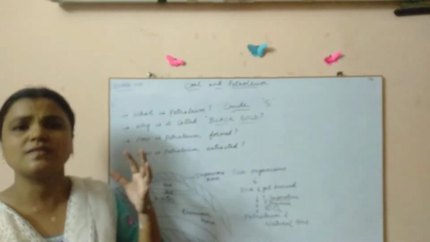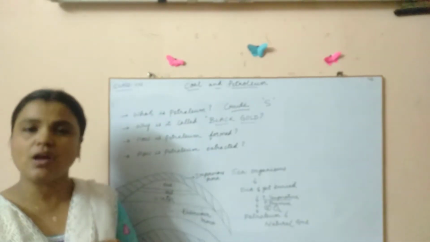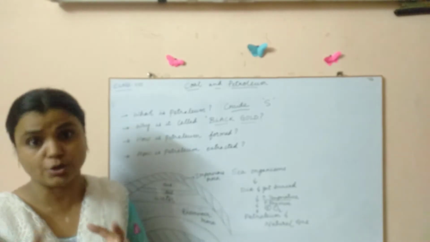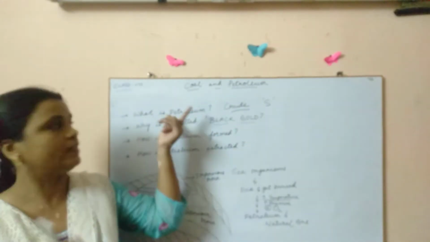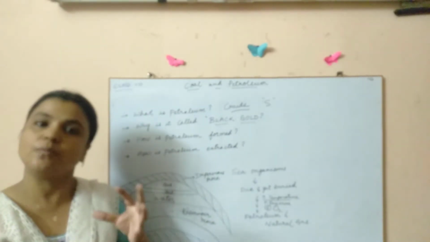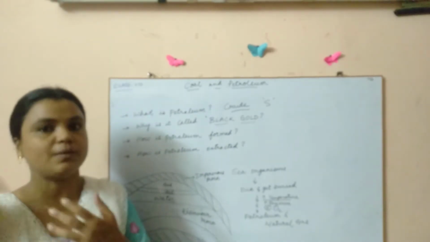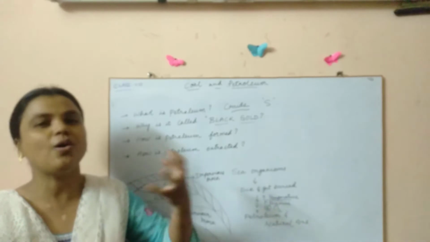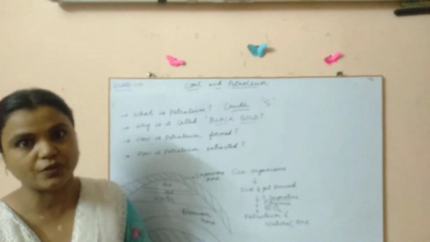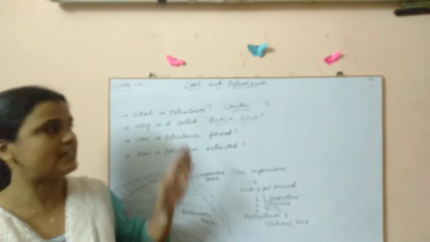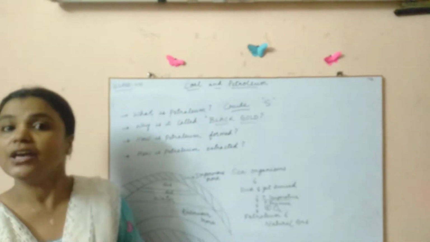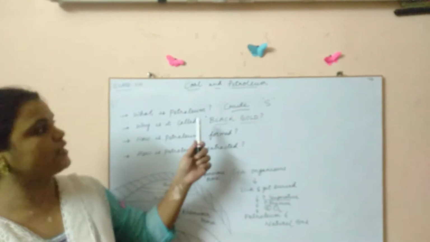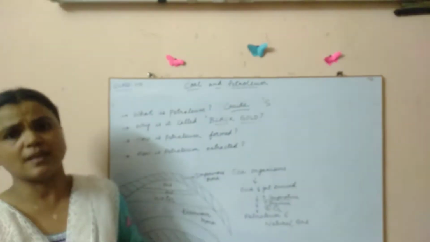So petroleum also consists of many solids, liquids and gaseous hydrocarbons or substances which are together present as a mixture, which is called petroleum. So petroleum is also subjected to many processes by which we get all the useful substances out of it. When it is unrefined, when it is just present in nature, it is present as a mixture called crude oil. So it contains many different substances.